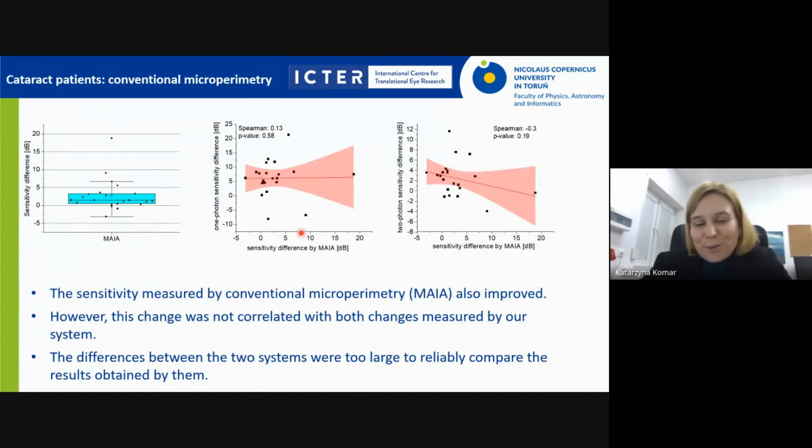However, we also performed the Maia exam, and it was very strange for us that the sensitivity measured by Maia also showed only a very small change. The change was similar to that for the infrared beam. However, there is no correlation between our system and Maia at all. So we think that the difference between these two systems, ours and Maia, was too large to compare the results between them.